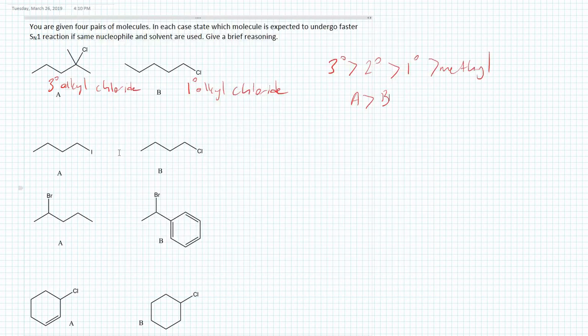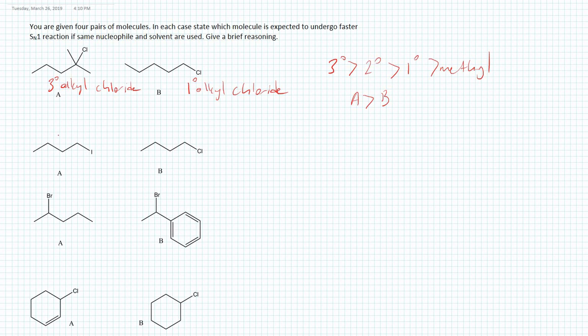Let's look at the second case. So we concluded in the first case that the molecule in A will generate a tertiary carbocation, and in B it's going to generate a primary carbocation. A is going to react faster than B. Let's continue with B. In B we have an alkyl iodide here, an alkyl chloride, and both of them are primary. Let's write.